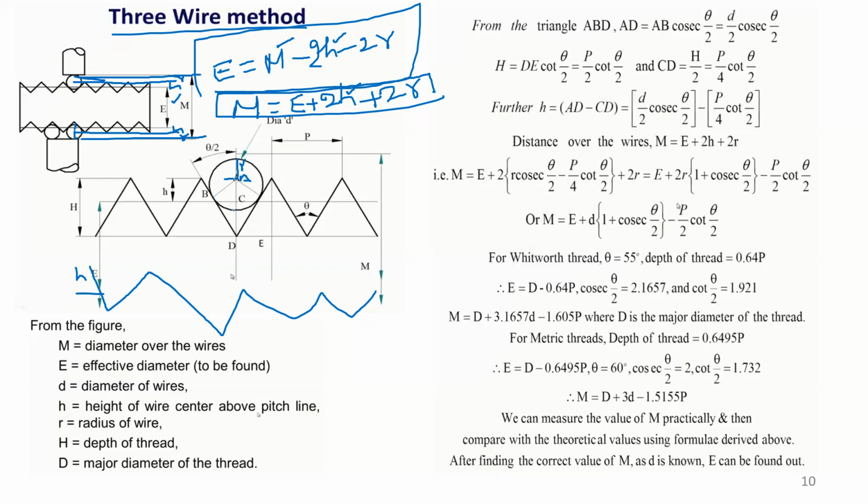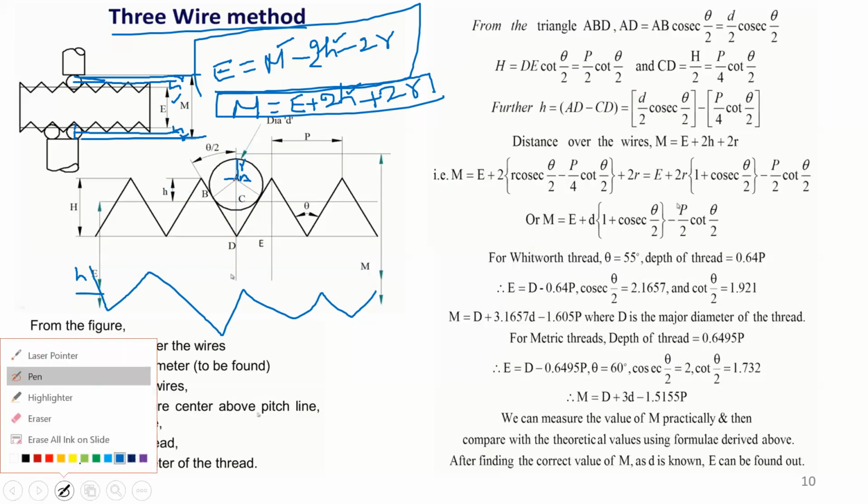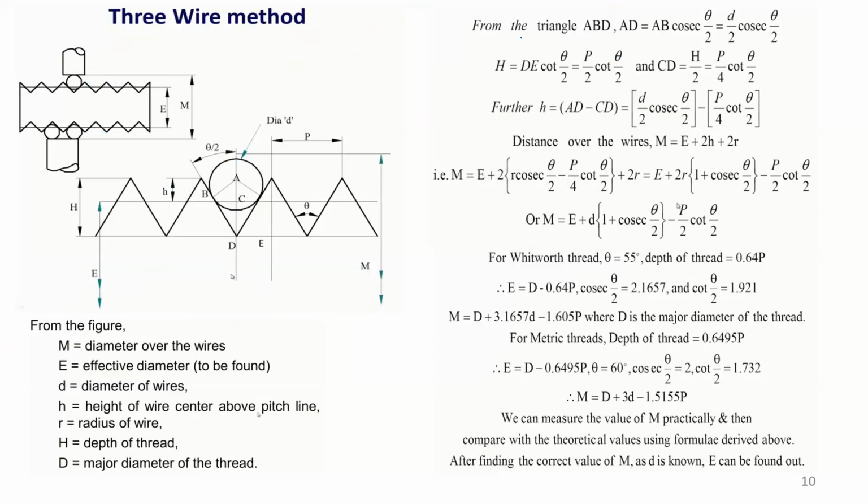So AD minus CD will give us the H. Now how do we calculate the AD and CD values? Let us take the triangle ABD, this is A, this is B, and this is D.